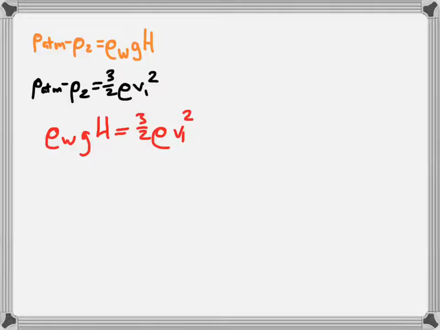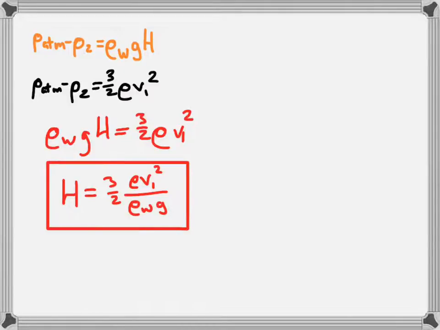I can't cancel those terms because they're not the same fluid. But I can solve this for h, and I get 3/2 rho V1 squared over the density of water times g. And that is an expression for the height to which that water column will rise. So there's our answer for our first example.